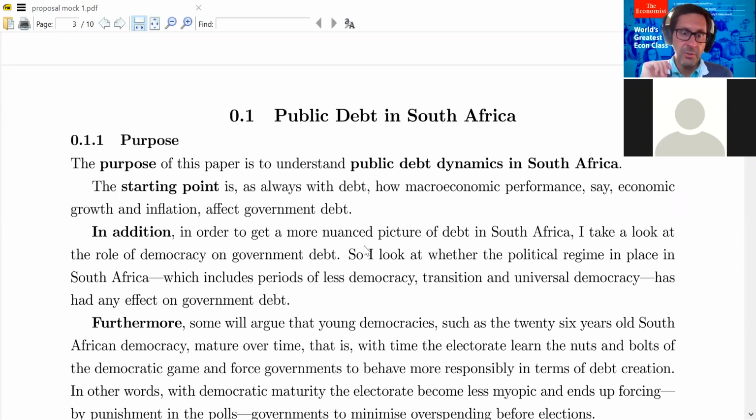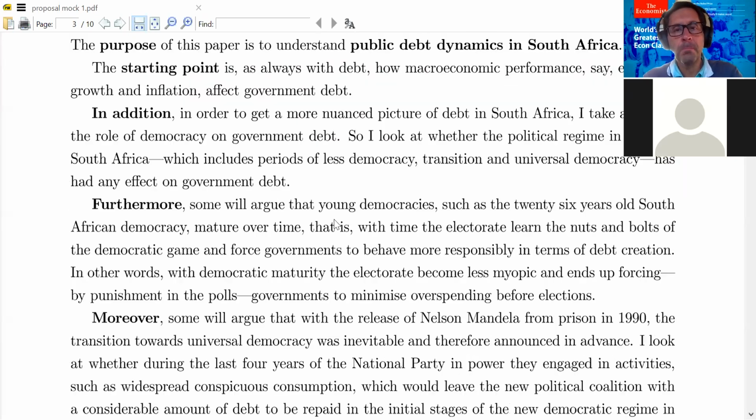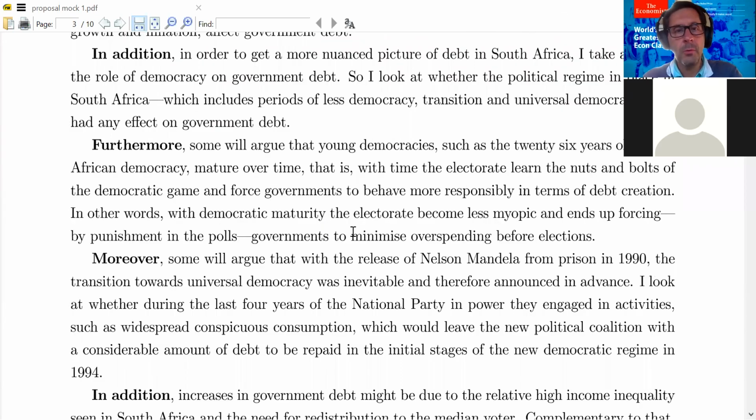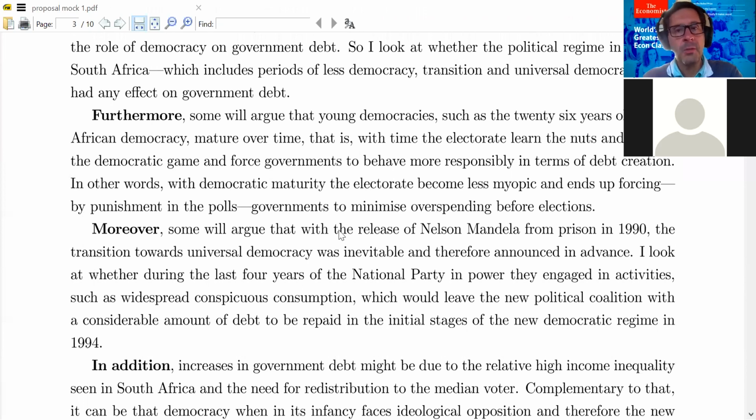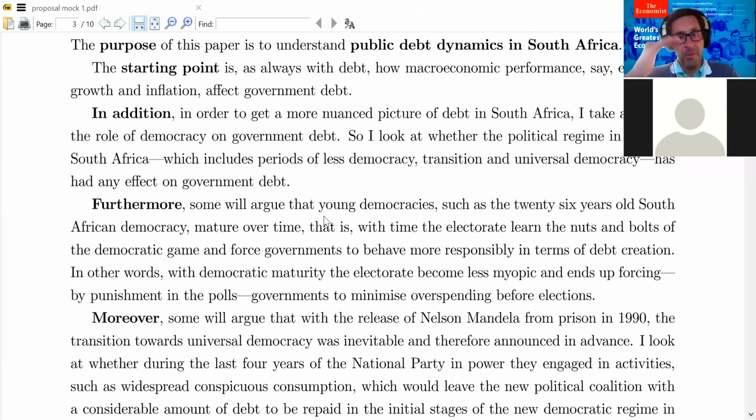There are increasing returns to scale. So that's the purpose, right? What is it that you are going to do? You see, there are no references there. There is no literature review there. It's just essentially the research question and the possible ramifications that you can do within the same research question.